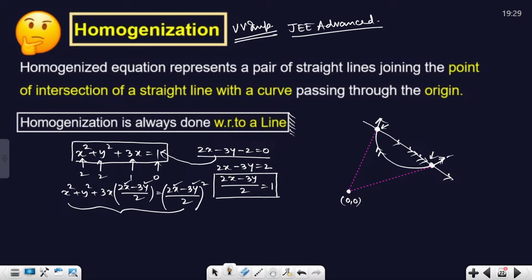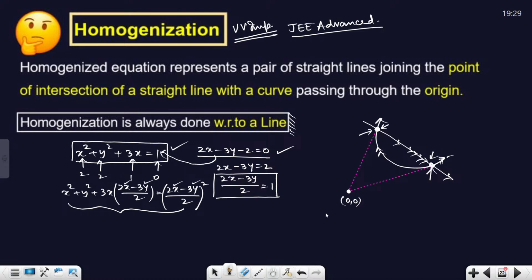At the same time, it is passing through the points of intersection of this line and this curve, that is, these 2 points. Always remember that. Once you homogenize a curve with the help of a line, it always passes through the points of intersection of that curve and the given line. Please do remember this. And you have learned how to homogenize an equation.